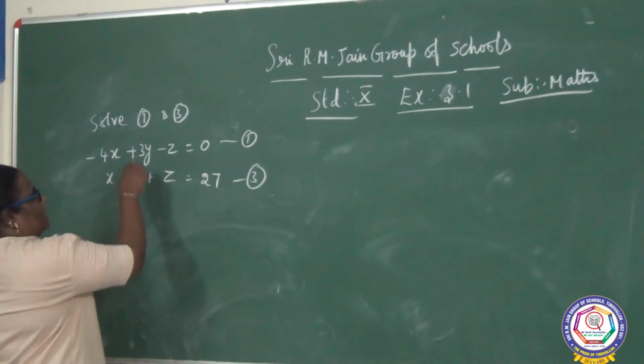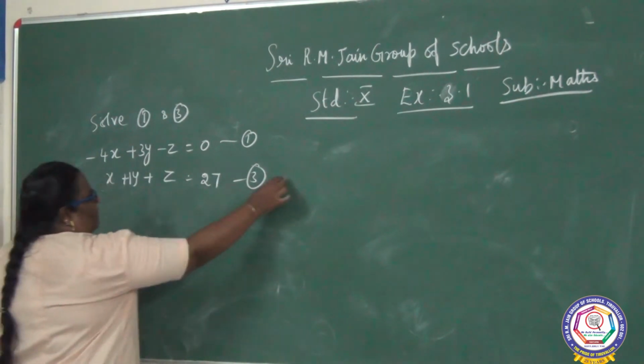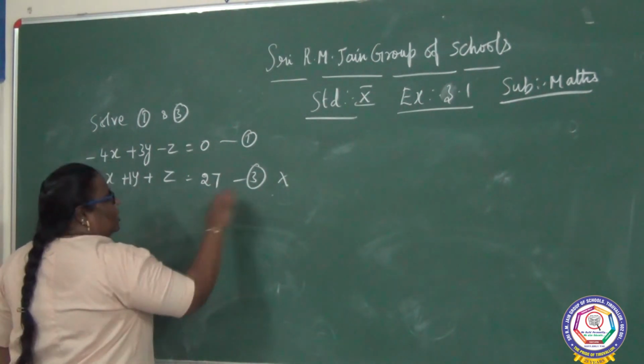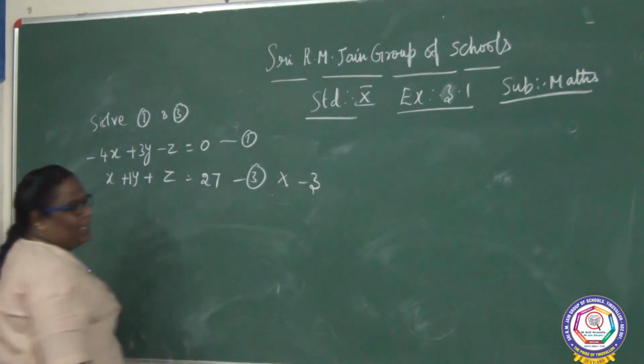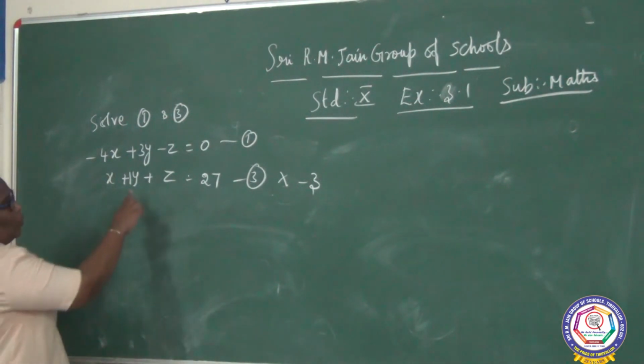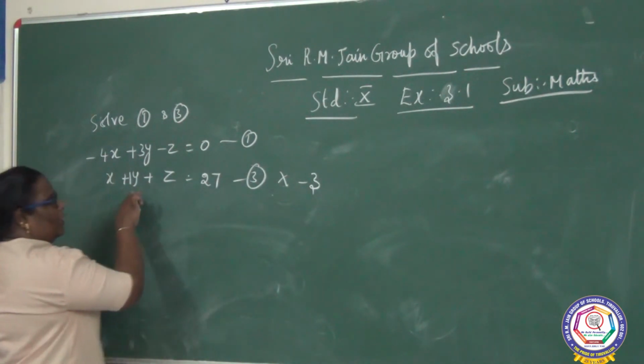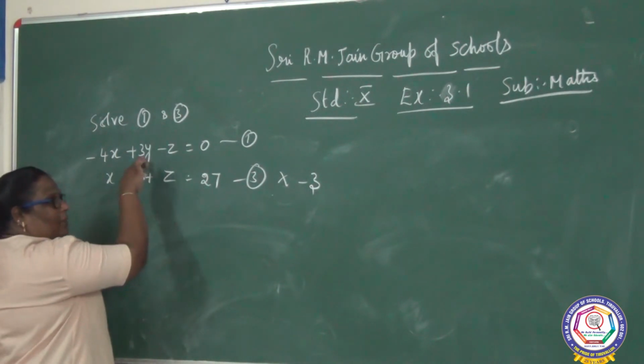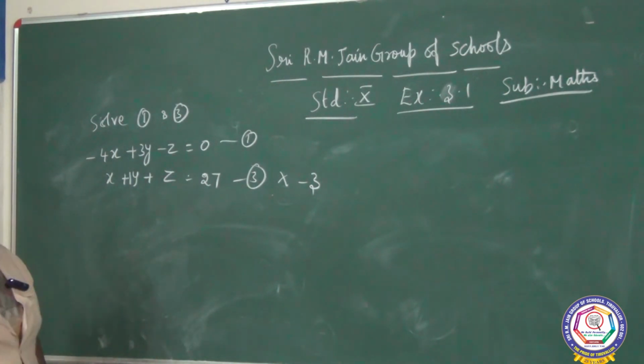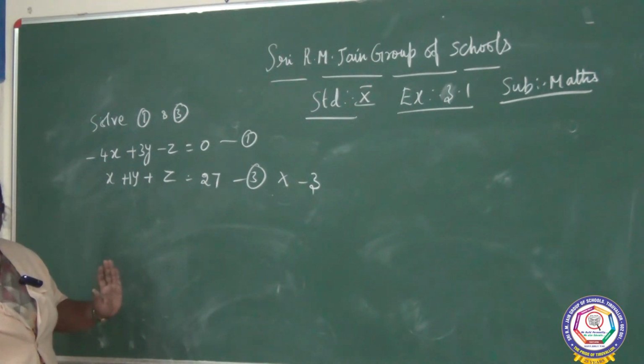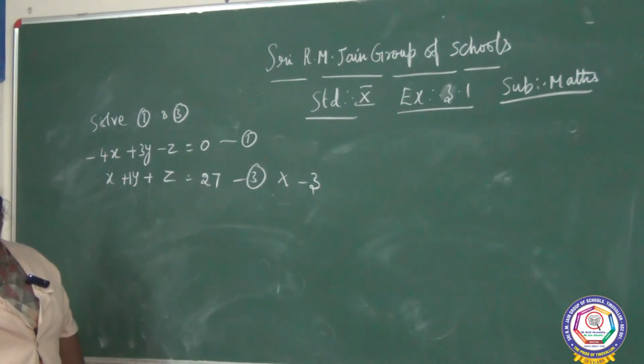Okay, so here 3, 1 is there. When the equation is multiplied by -3, see here 1 into -3, I am getting a value -3. -3 + 3 gets 0. When I am multiplying by -3, I should multiply both the right hand side and left hand side.